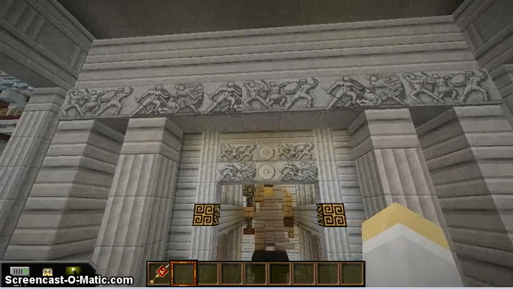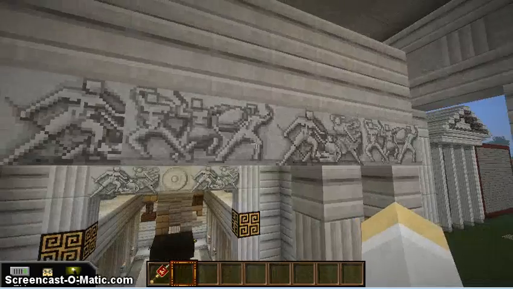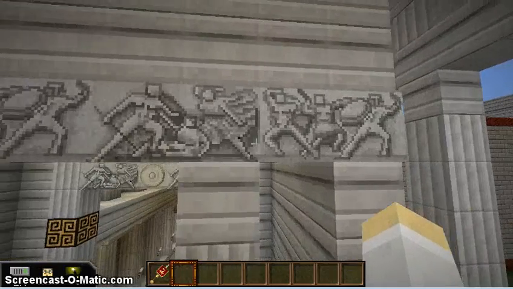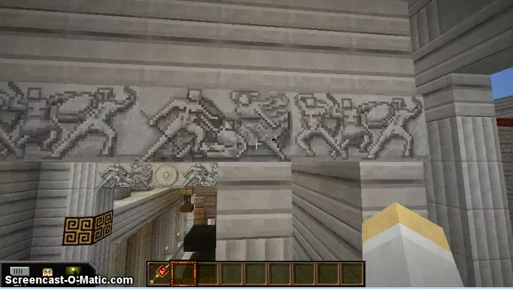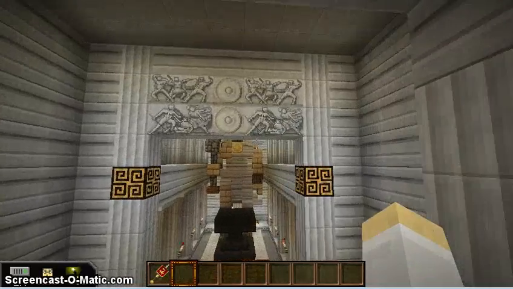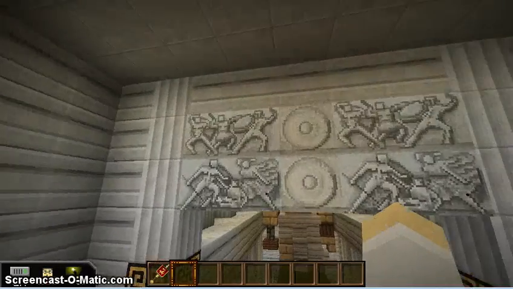Nick has opted to use some paintings which give the impression of a sculpture in marble.